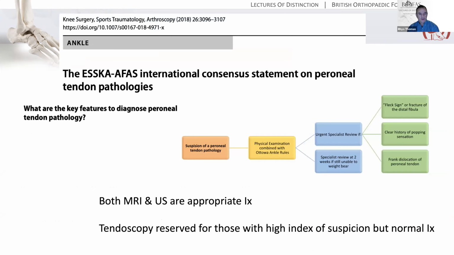So looking back through the consensus statement, they've asked, what are the key features to diagnose peroneal tendon pathology?